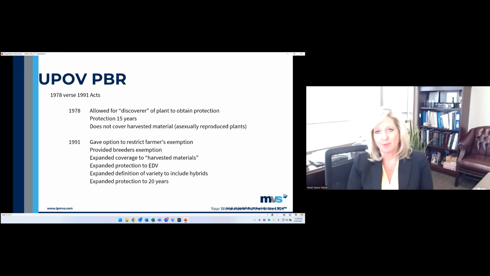And if anybody has been following this through the UPOV meetings, they're trying to issue some guidelines about what is considered to be an essentially derived variety and therefore falling under the PVP original certificate as opposed to something that could be protected in its own right.